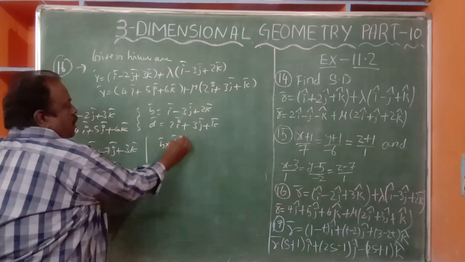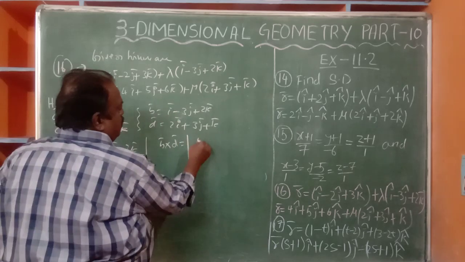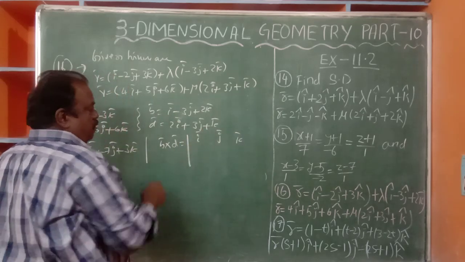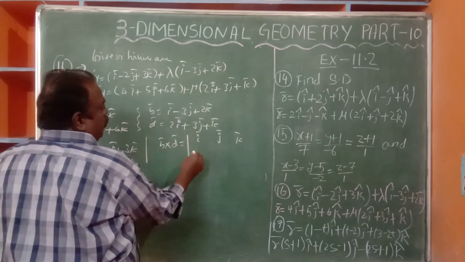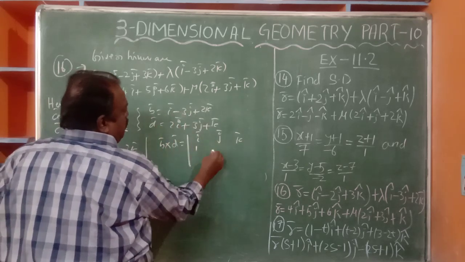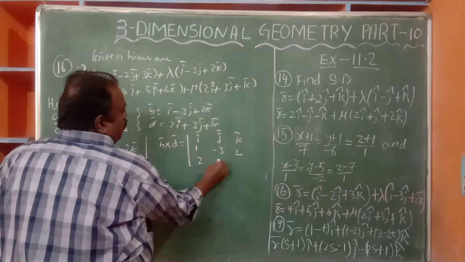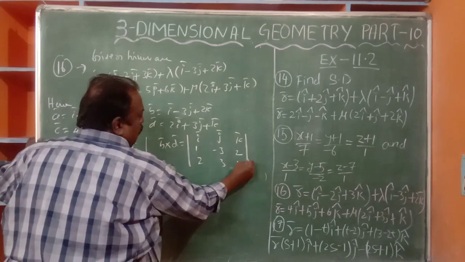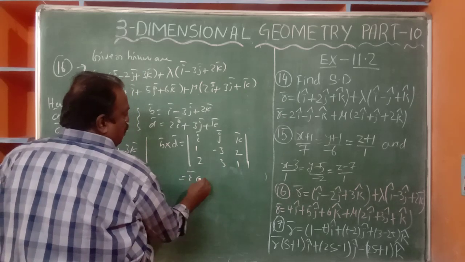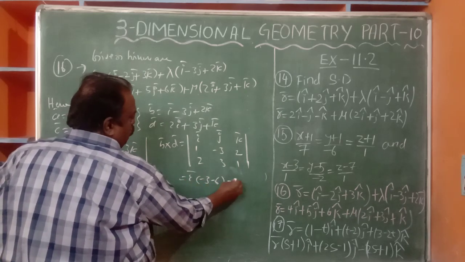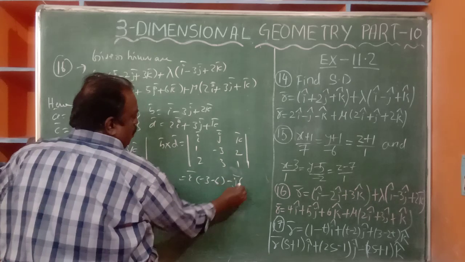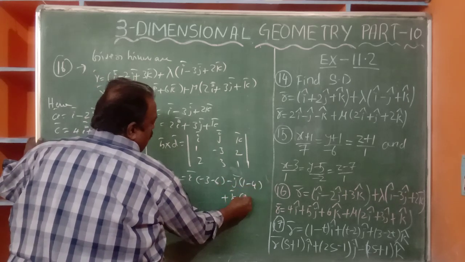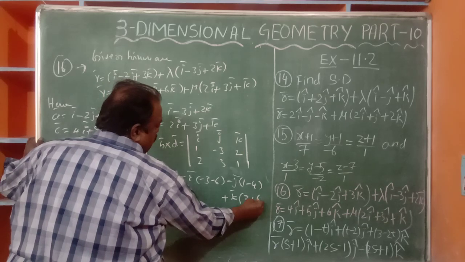Here b bar cross d bar, determinant i, j, k. This is the concept in the vector product. Determinant: 1, minus 3, 2; 2, 3, 1. We get i of minus 3 minus 6, minus j of 1 minus 4, plus k of 3 plus 6.